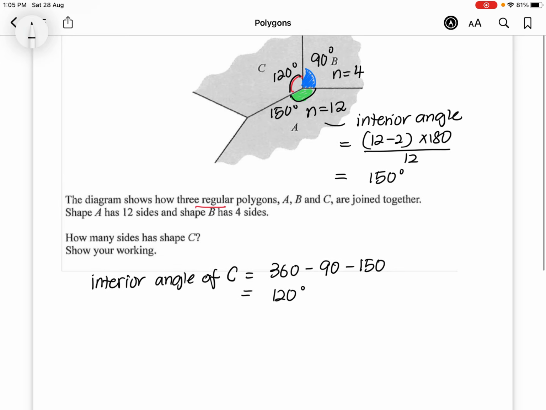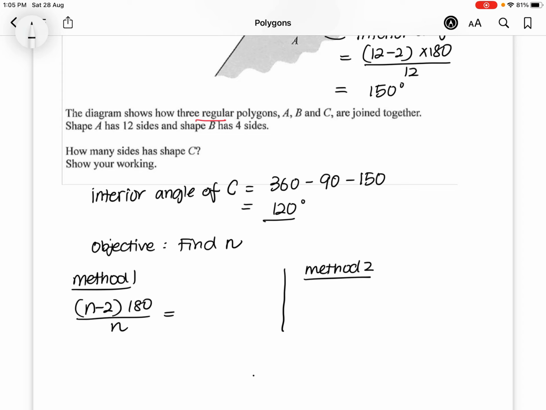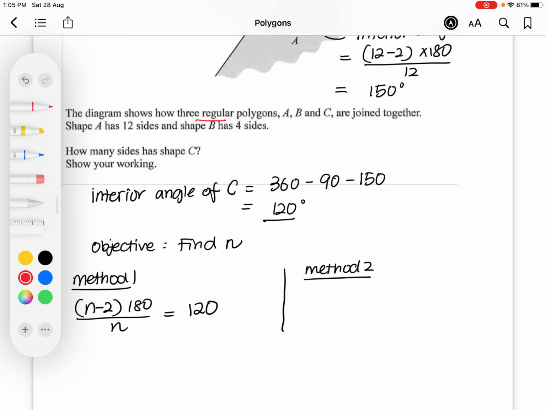The objective in this case is to find n, the number of sides. How can we do that? We have the interior angle found, so there are two methods, method 1 and method 2. Method 1 using the interior angle formula where n is the number of sides that we want to find and equates to the interior angle that we have found, right?